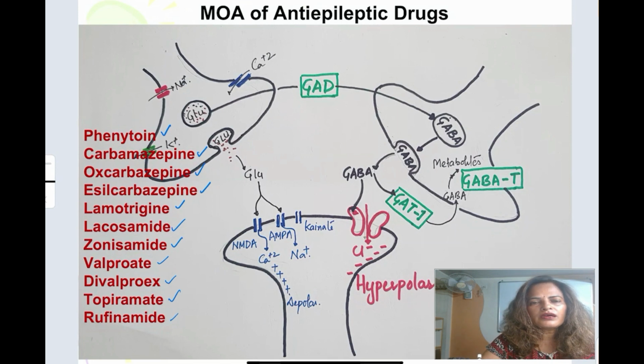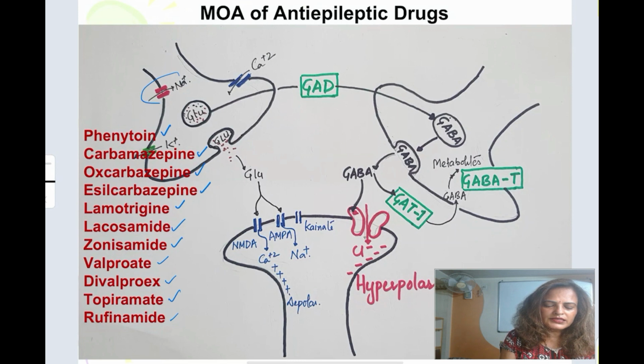All these drugs act by prolonging the inactivation of the sodium channel. You know the sodium channel as such is present in three states. One is resting, then open, and then inactive.